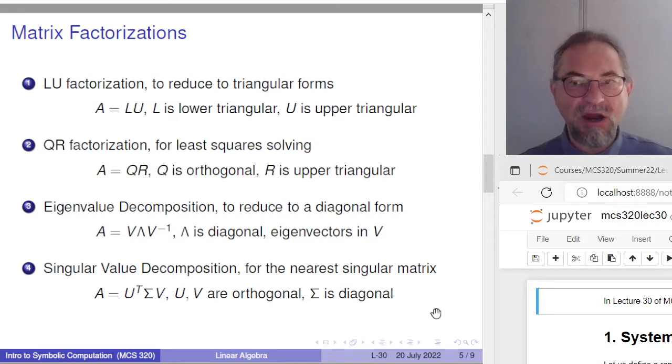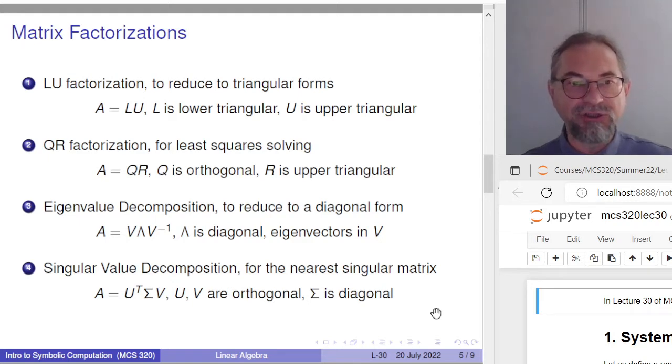So we can see this eigenvalue decomposition also as a rewriting of the original matrix into a more convenient form, and especially the eigenvalues characterize the geometric properties of that matrix. The last decomposition, the singular value decomposition, also has a geometric meaning. Often it's a diagonal transformation, but now using orthogonal matrices.